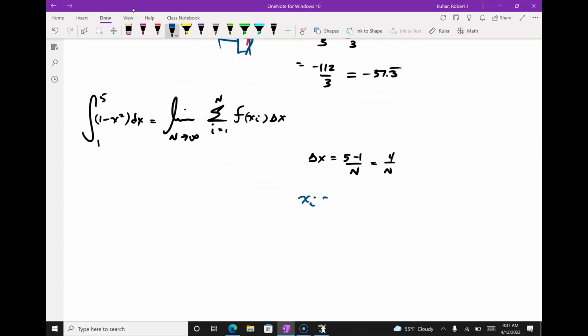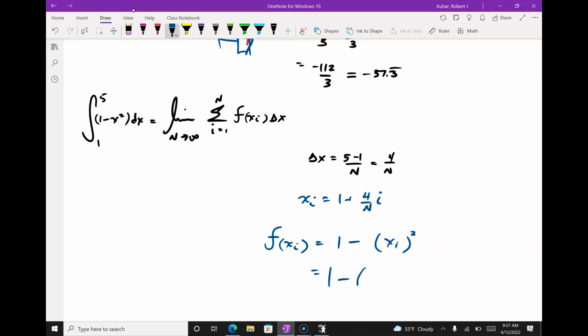X sub i is 1 plus 4 over n times the index. So I need delta x times 1, delta x times 2, delta x times 3. And f of x sub i is 1 minus x sub i squared.